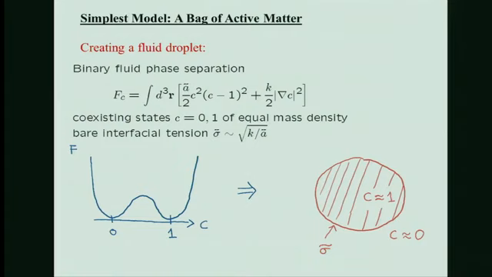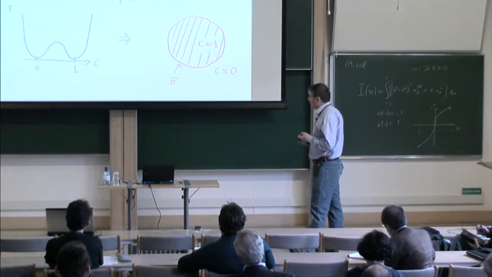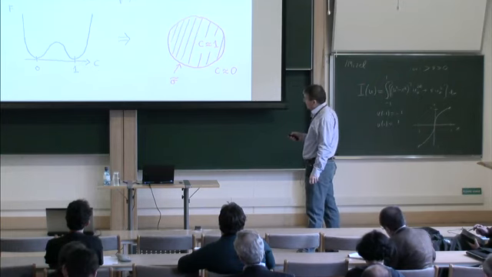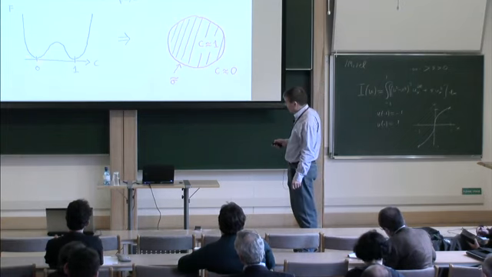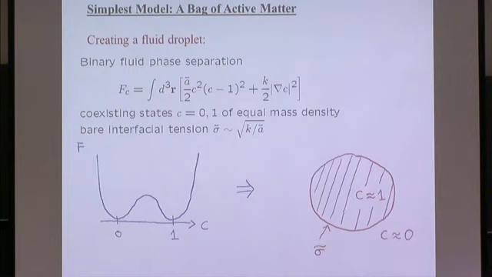With that idea, I can write down a free energy. Here it is. c is the concentration field. This is just a standard double-well free energy with a square gradient piece. So this will create states of, just by convention here, 0 and 1 as my concentration of the actomyosin.